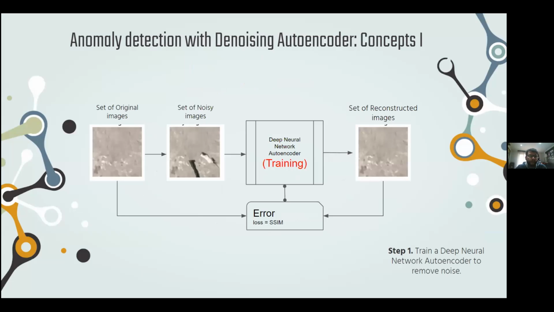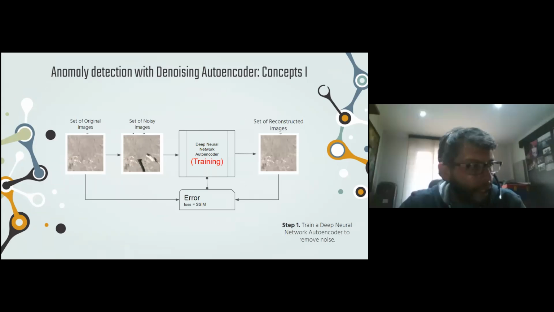Next, please. So I'm going to talk about what anomaly detection is, and why we use one denoising autoencoder. In this slide, you will see that we have some original image.